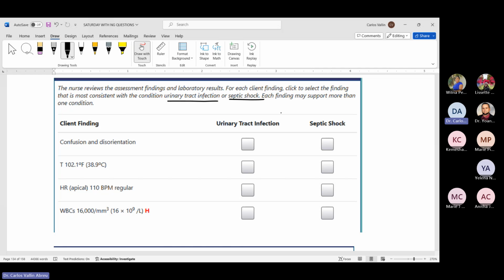So is this just a urinary tract infection, or is this a septic shock? So they are asking us to discriminate between both.